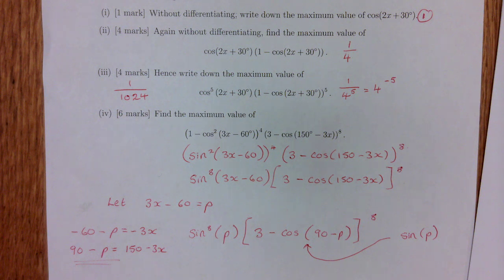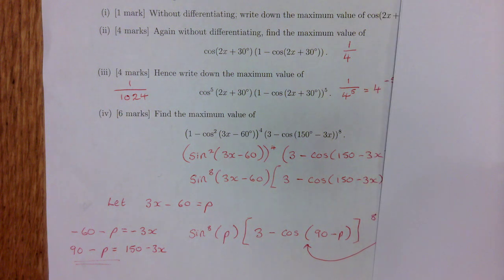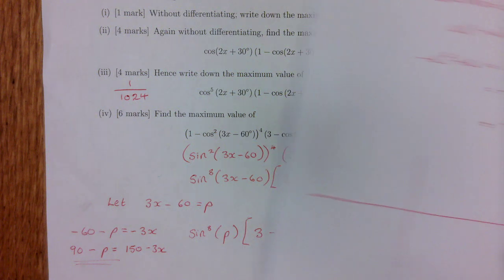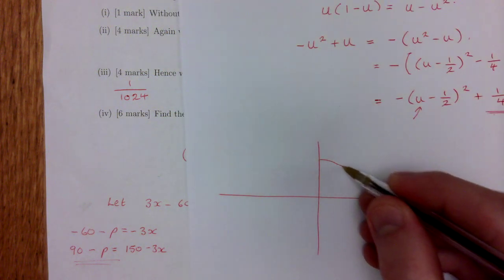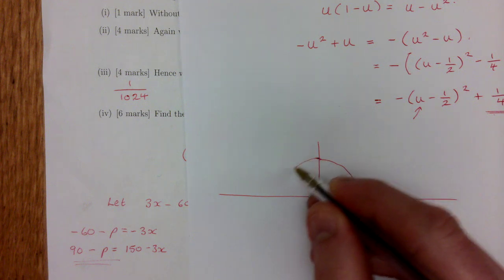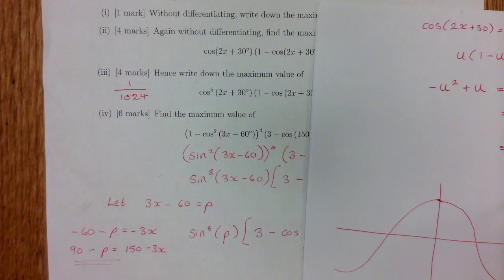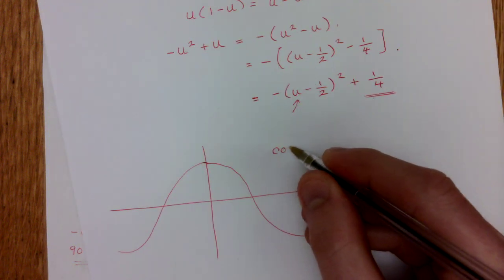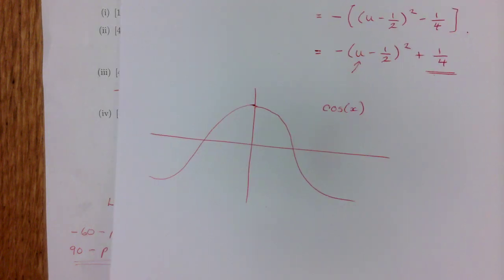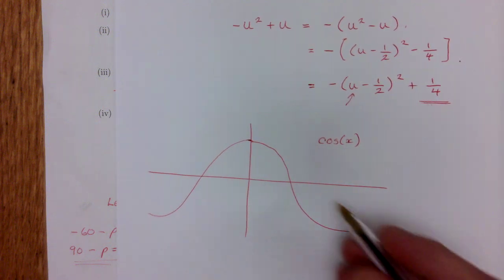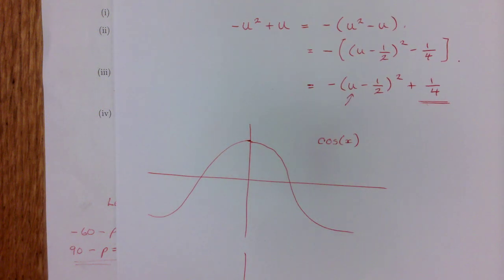So, just in case you're not convinced by that, imagine I've got cosine, which looks like this. And then what I'm doing is, so this is cosine of x. If I move this 90 along, so 90 to the left, it's going to end up like that. So that's cosine of 90 plus x.